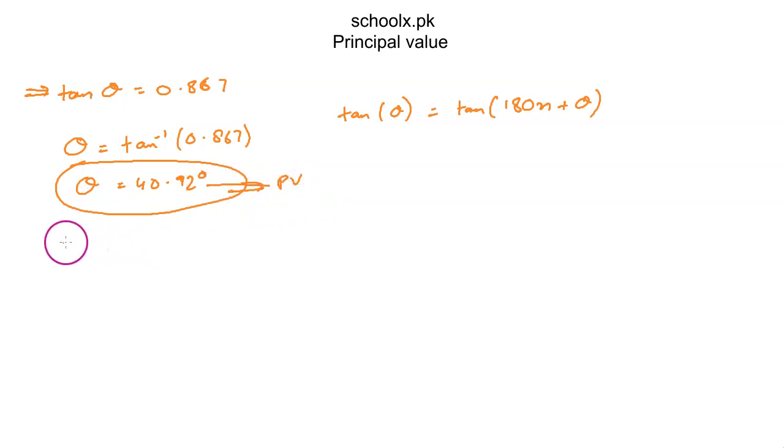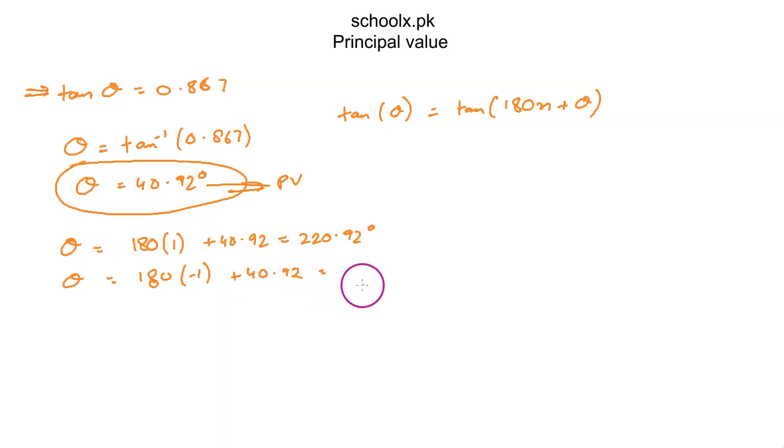So I'll do theta equals 180 times 1, taking n as 1, plus 40.92, which gives 220.92 degrees. Theta equals 180 times n, with n taken as negative 1, plus 40.92.